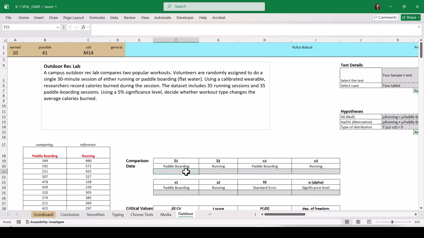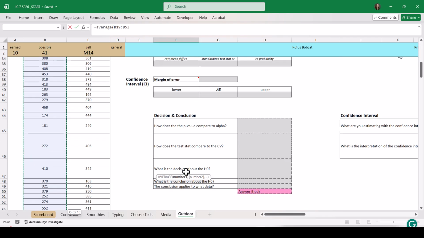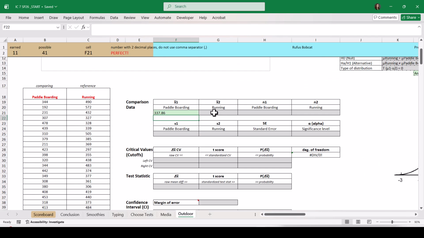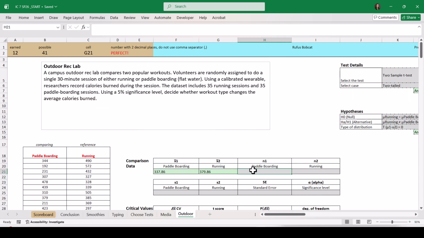All right, so now we can use Excel functions to analyze our sample data. X bar is the sample mean. N is the sample size, and we can use the count function.